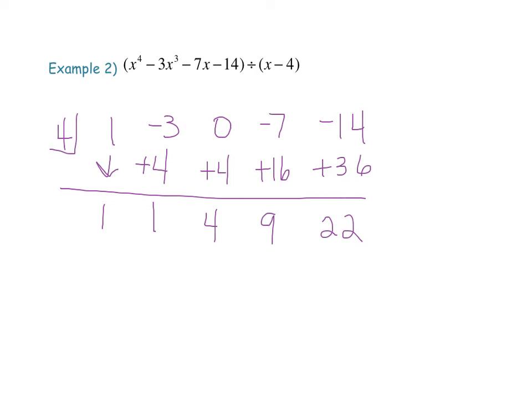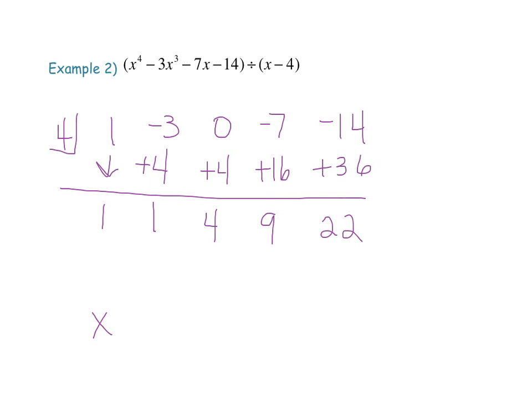Now if you notice, we do have a remainder here. So that means x minus 4 is not a factor of this polynomial right here. Okay, now let's go ahead and rewrite this in polynomial form. So I'm going to have 1x and what power? X to the what power?